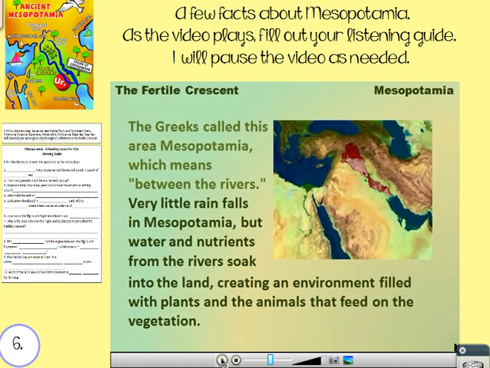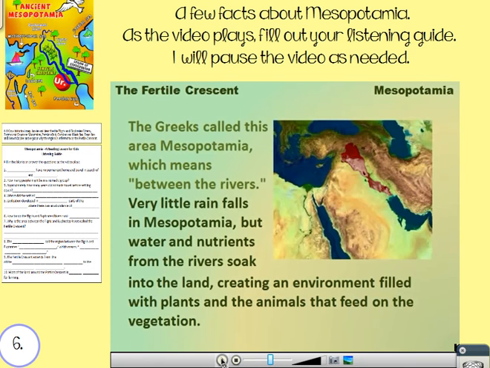Which one from your guided notes did they know had regular floods? Egypt or Mesopotamia? Egypt. Remember, they said that Egypt knew pretty much when it was going to flood. And then, which question was that one on your guided notes? Which one was it?